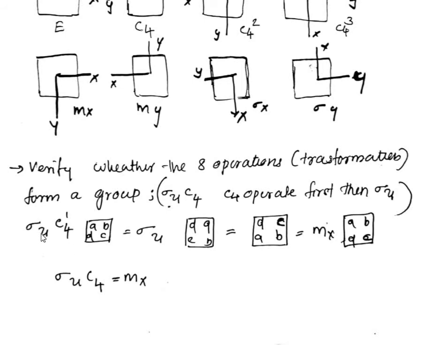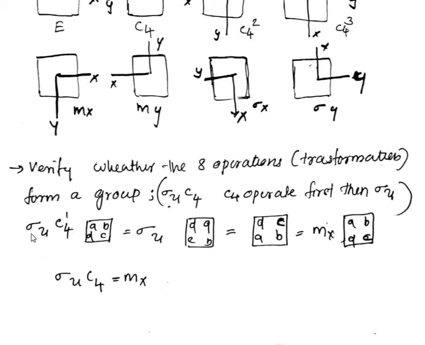So when we multiply any two of these elements, it should be in the group. Only then will the closure property be satisfied. So let us check whether sigma U and C41 inverse obey the closure property or not.